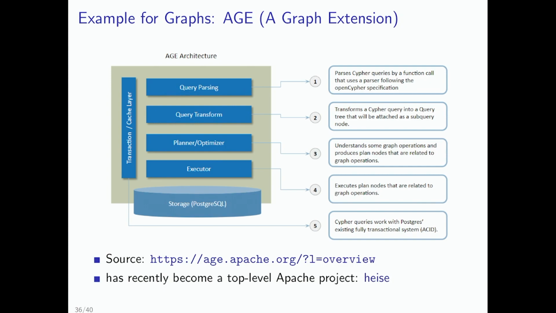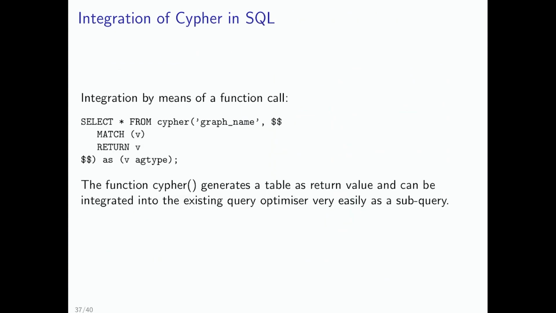They have to extend the planner and optimizer, of course, and then the executor. But that's a great exercise in databases. We also do that as part of thesis work, for instance, where a student comes and we say, we would like to have this functionality in that system. Could you implement that? Then you have to go through the entire stack, add the functionality, and then the functionality is available.